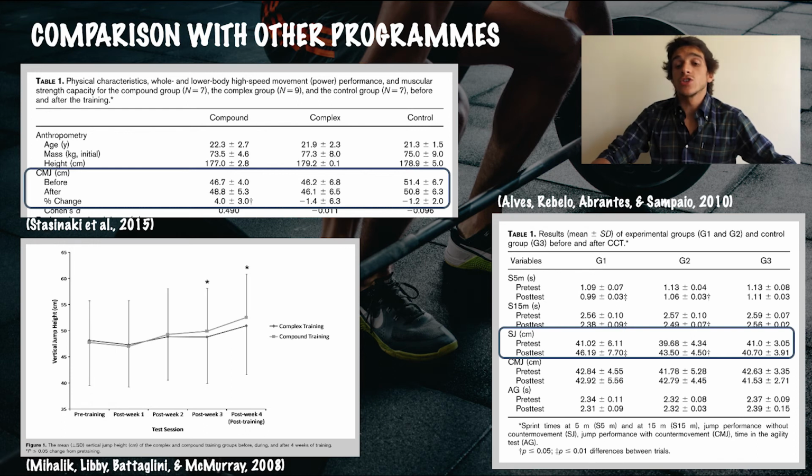And actually Mihalik and colleagues show that in only 3 weeks, both contrast and compound training programs were effective in increasing lower limb power output and vertical jump height. Additionally, no significant difference was found between both.